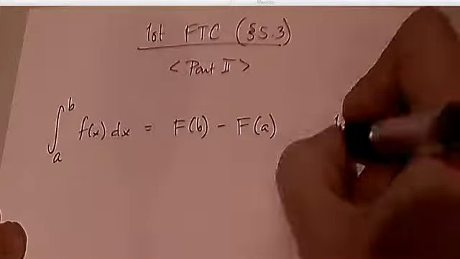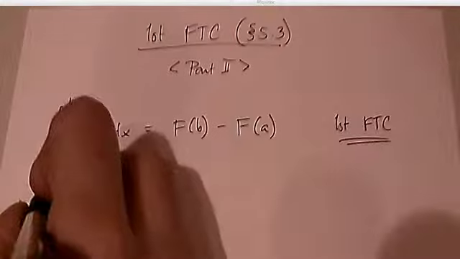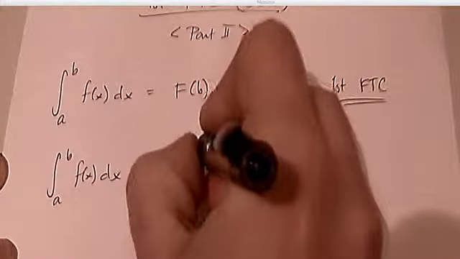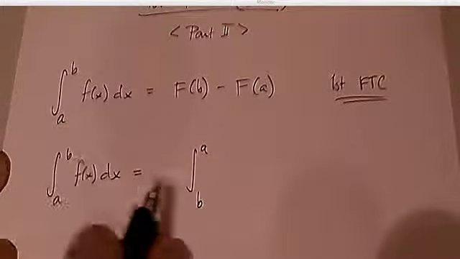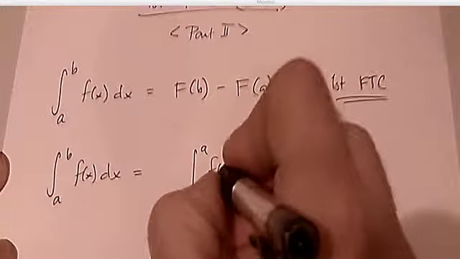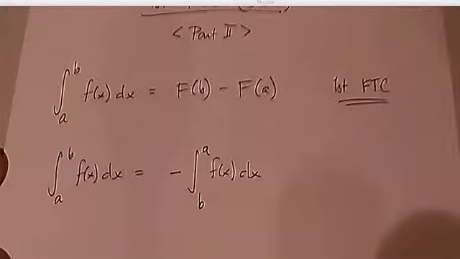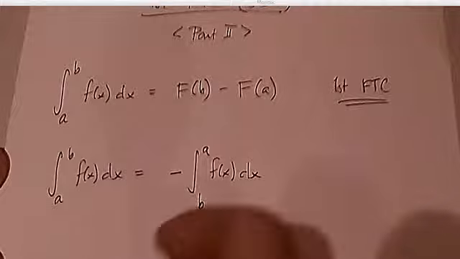By the way, that should make sense out of that property that we talked about in the last video of my 5.1 to 5.2 videos, that if I have the integral from a to b of f of x dx, and I flip the limits of integration, like I go from a to b and change it from b to a, that makes sense out of why I have to put a negative out in front of there, right? Because if I flip the limits of integration, I have flipped the difference. And what happens when I flip the difference? I get a negative, okay?